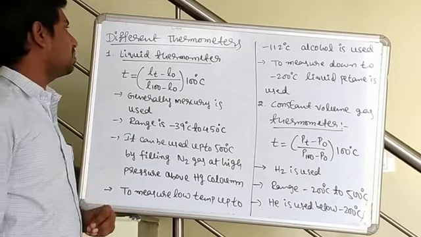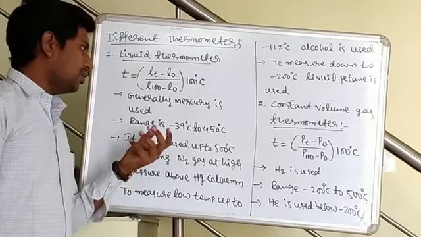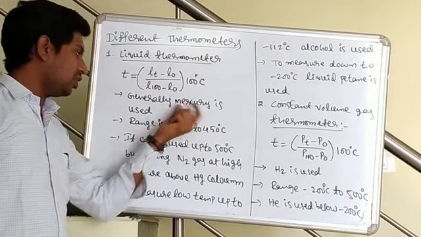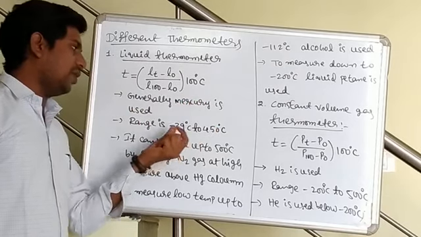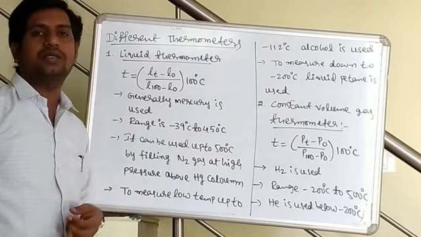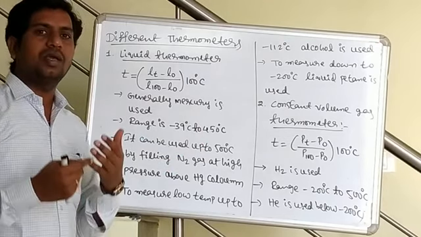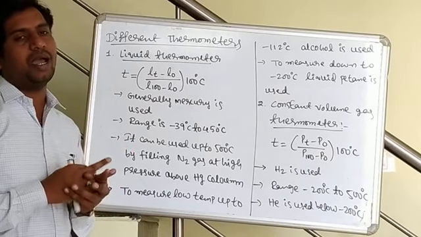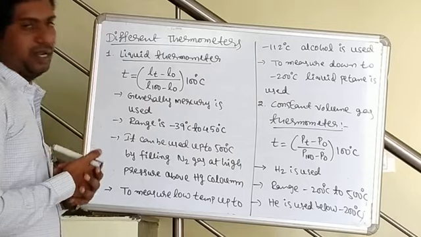Generally in liquid thermometers we use mercury, and using this mercury thermometer we can measure temperature from minus 39 degrees Celsius to 450 degrees Celsius, because the melting point of mercury is minus 38.8 degrees Celsius.